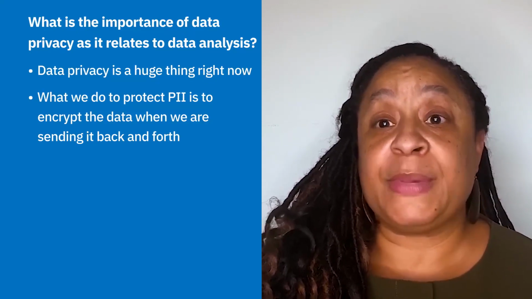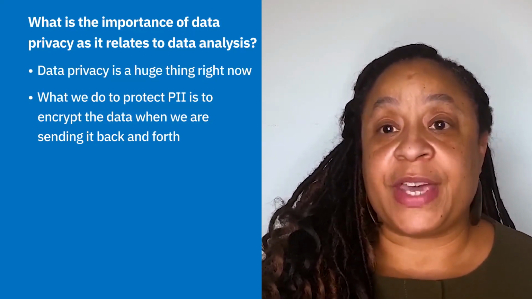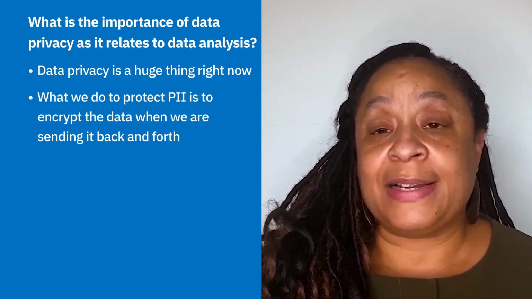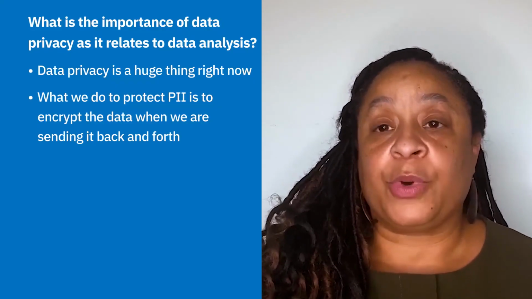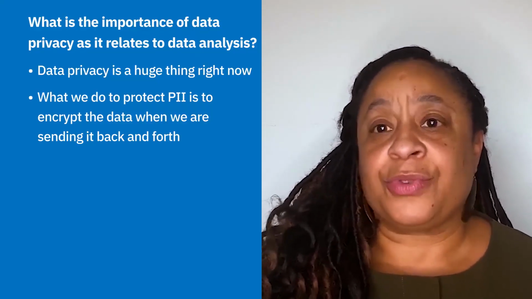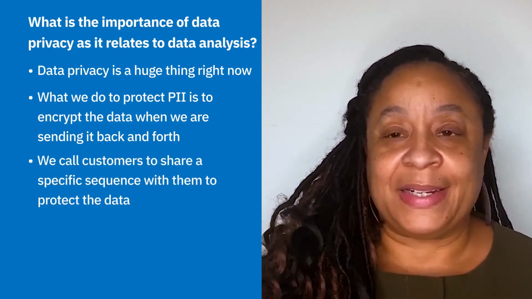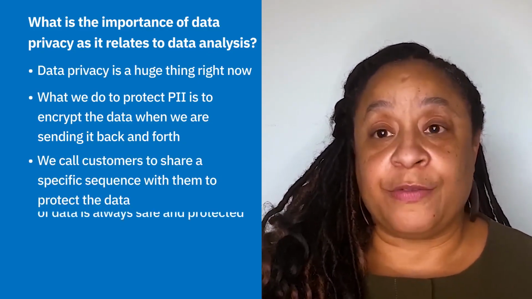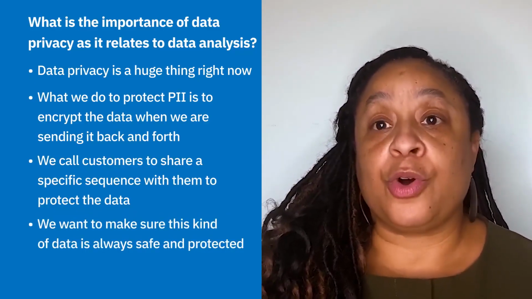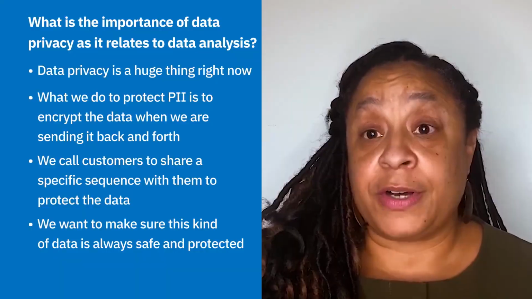We make sure the email is encrypted, or we use certain software that allows us to not show the social security numbers or the names or the dates of birth. It has a certain sequence, and we share that with the client by calling them. We don't put that in an email, and we certainly don't put it in the same email with the encrypted information, because we want to make sure that you're always safe. So we have to make sure we're protecting it at all costs.